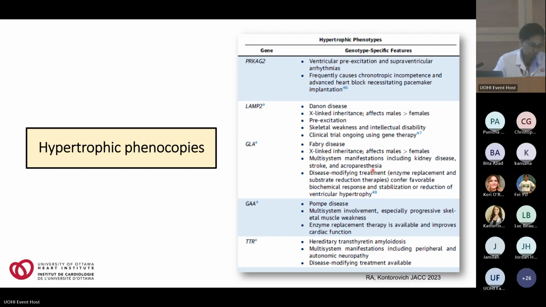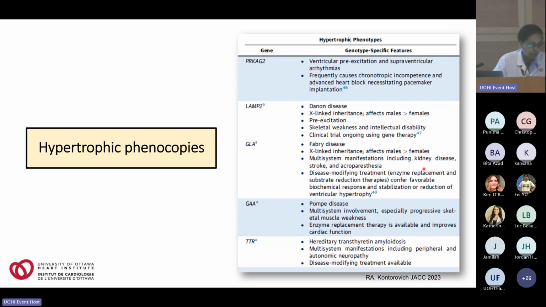So both Fabry disease and Danon disease are X-linked inheritance, with males being mostly affected more than females, but the females can also present late in age. Not all of them have multi-system manifestation, so making the diagnosis can be difficult, and the presentation could be just progressive LV hypertrophy or dysfunction.